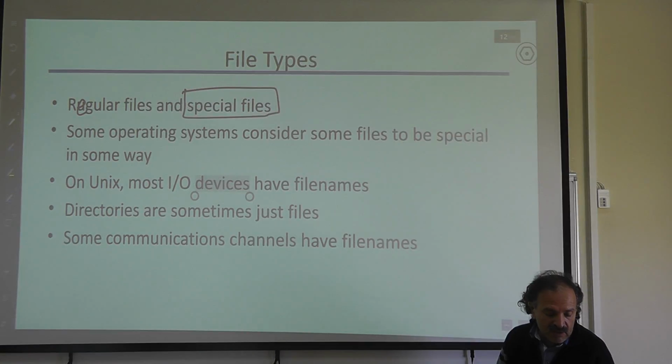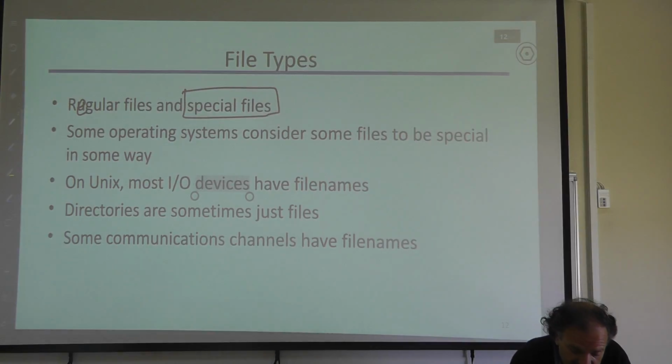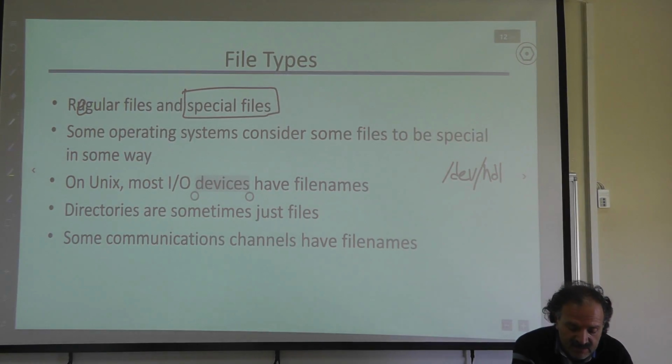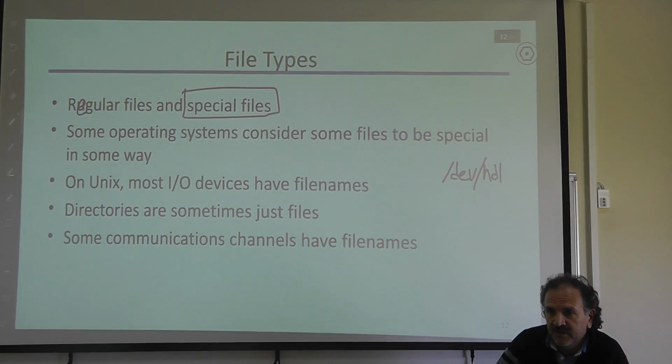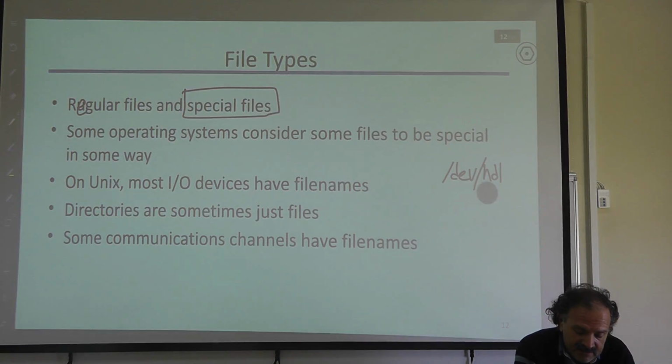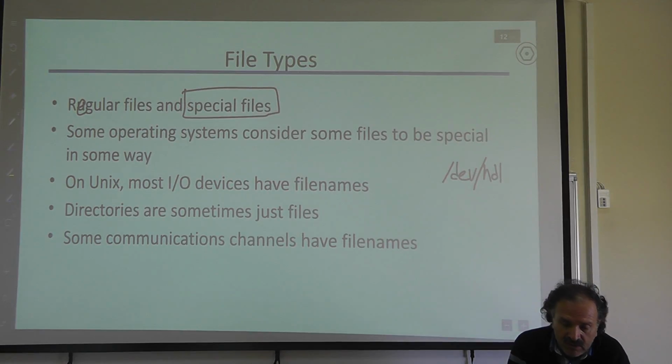Most I/O devices have file names. Remember the dev directory? When you have this device directory, and under the device directory we have HD1 and HD2 and that kind of stuff. These are files, right? But these are in fact not regular files. These files are connected to some kind of hardware, either a hard drive or your mouse.